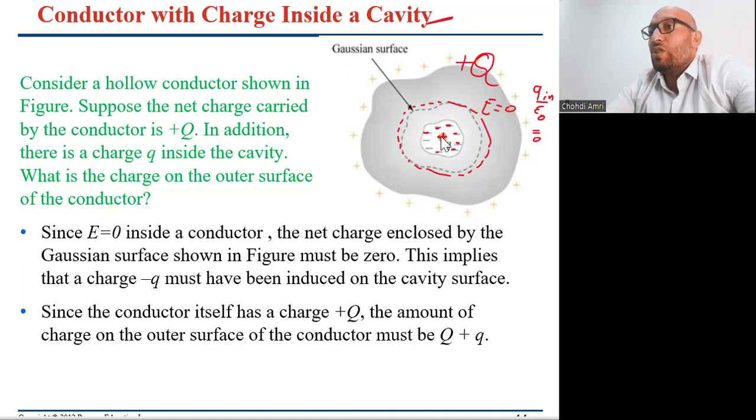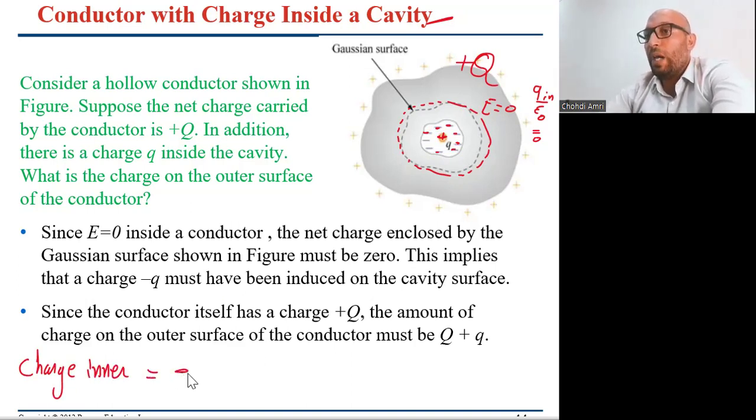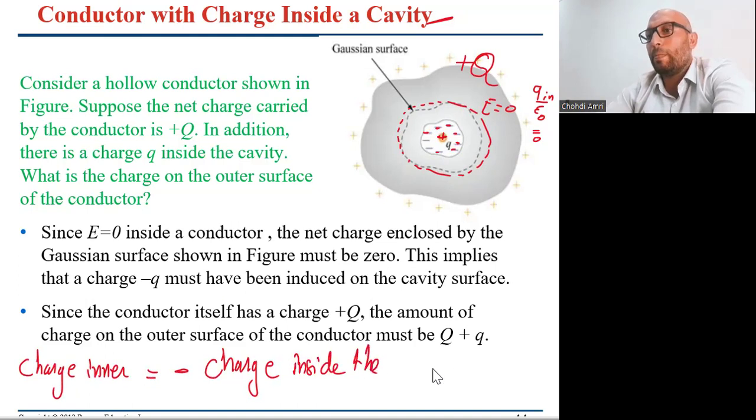So what will be the charge on the inner surface of the conductor? It's minus the charge inside the cavity.